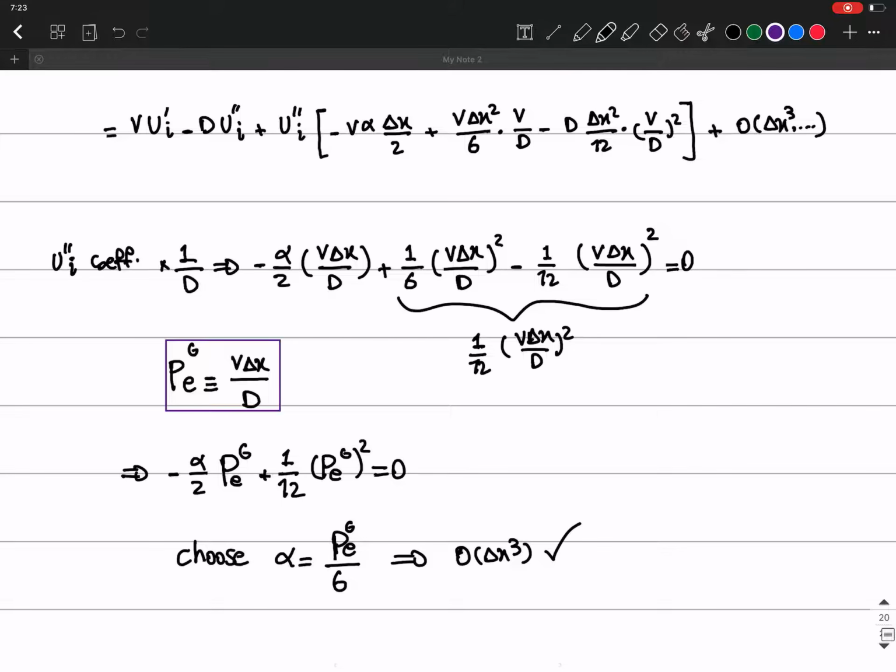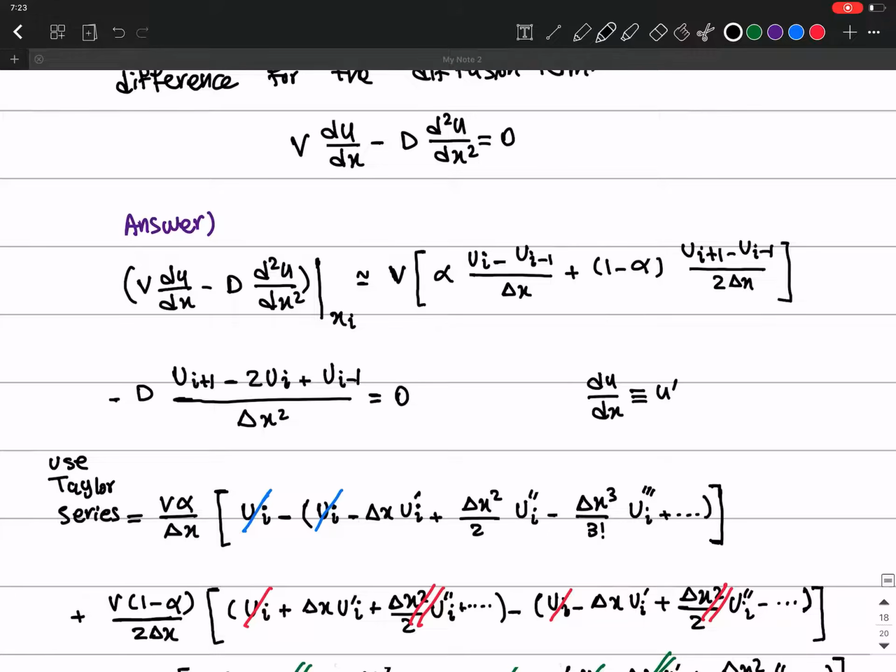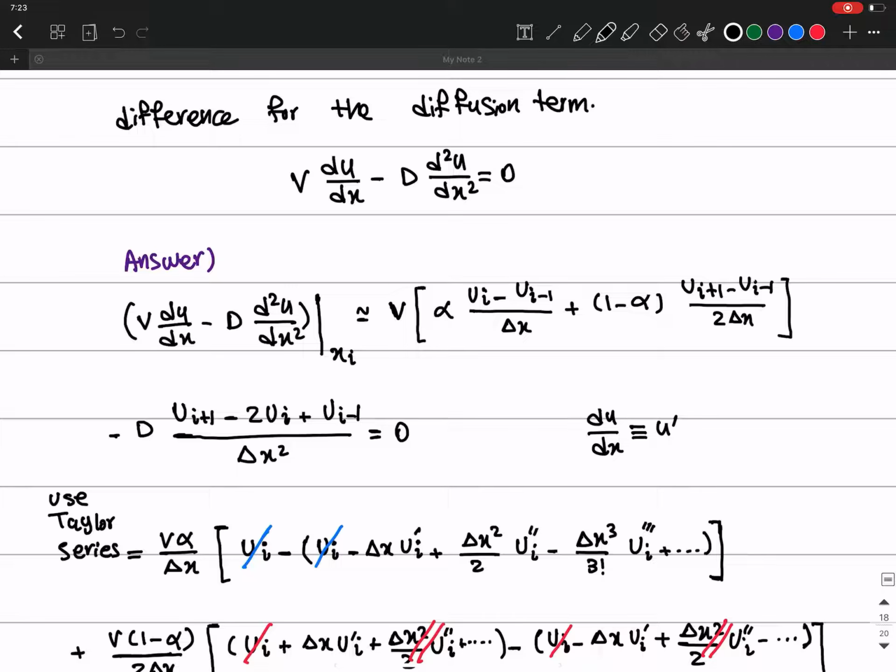This is very important. We are able to actually control the accuracy by choosing a proper alpha. If I choose alpha to be Péclet over 6, then I'm going to have a delta x cube approximation.